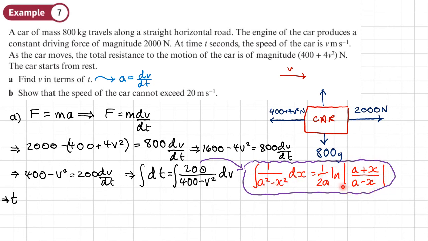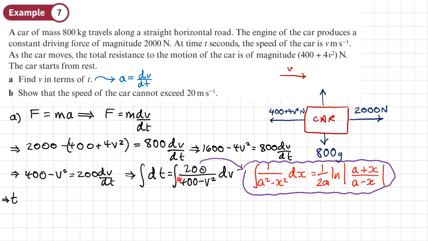It's also equivalent to 1 over a arctangent x over a, but I think in this particular example using the log form may be more useful, because I want to rearrange it to make v the subject, and it's probably going to be easier to do when it's in log form. And then at part B, when we're trying to work out the maximum or minimum of an expression, again that's going to be easier to do when it's in log or e to the x form.